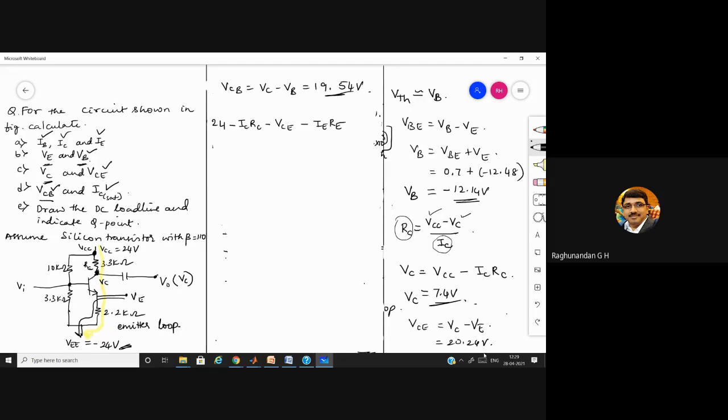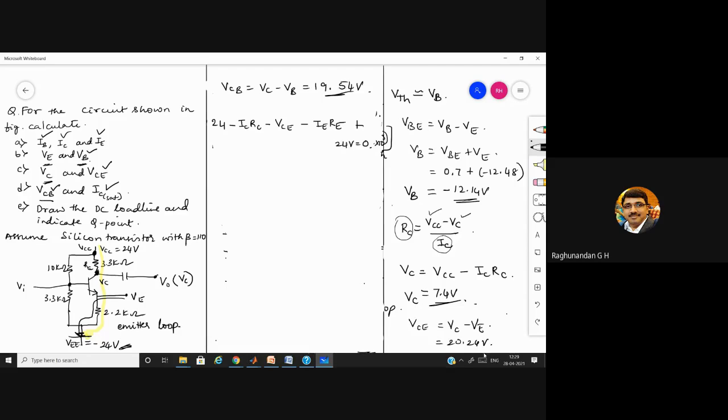Since it is negative, it will be like this: negative, other one is positive, so minus to plus, 24 volt is equal to 0.